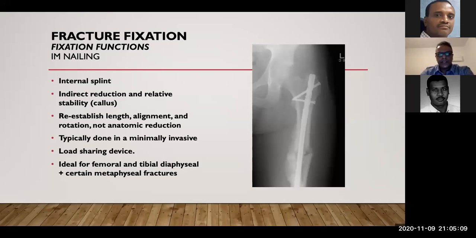Using the nails, we should establish the length, alignment, and rotation. However, we're not looking for anatomical reduction. Typically, we try to do them through a minimally invasive technique. These devices are load sharing, and they are ideal for femoral and tibial diaphyseal fractures, and they can be used for some metaphyseal fractures as well.